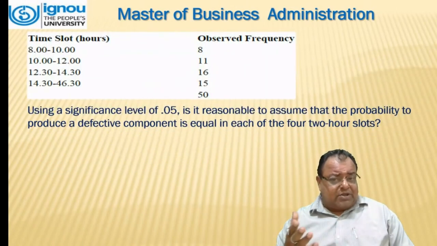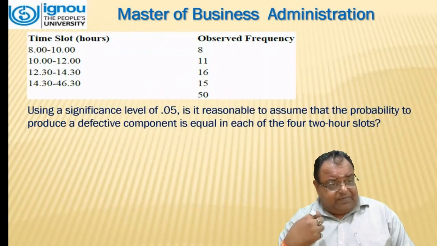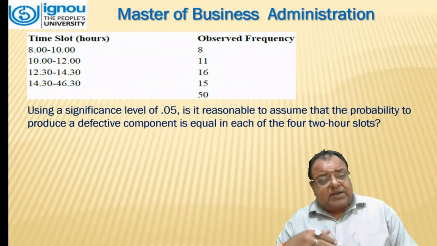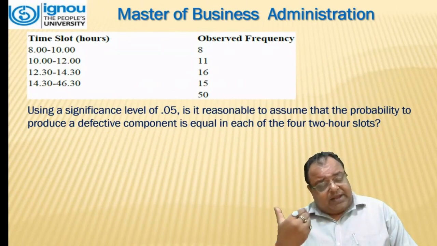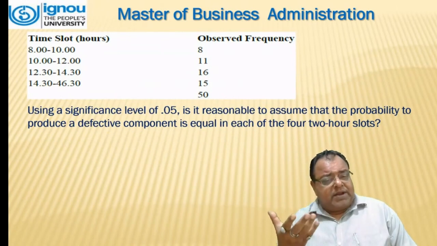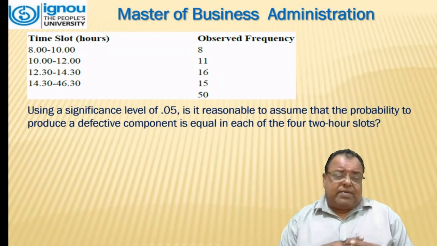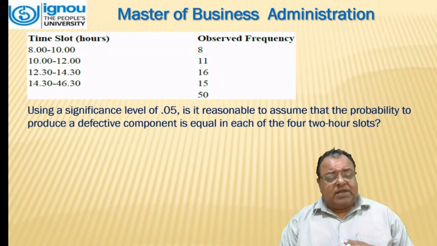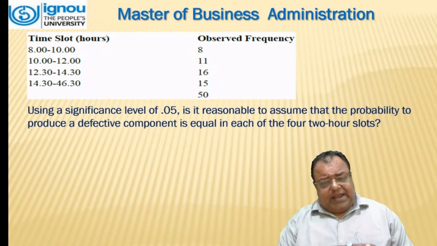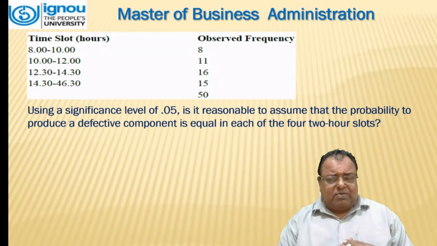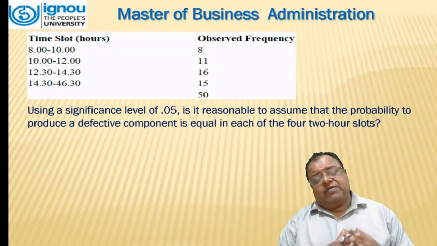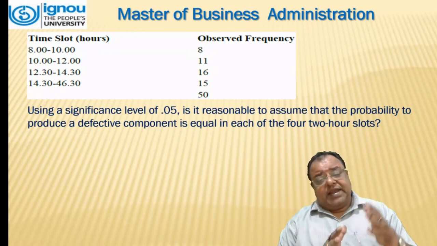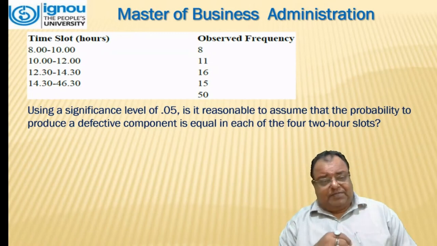This is the observed frequency what we have portrayed. We have divided the time into 4 slots, and the errors they were committing are shown. By using the significance level of 0.05, is it reasonable to assume that the probability to produce a defective component is equal in each of the 4 slots?